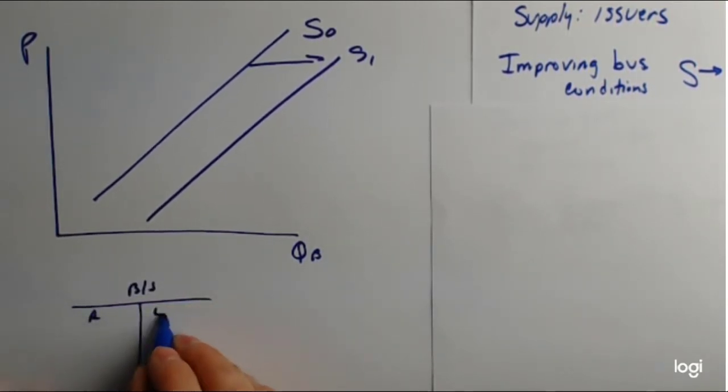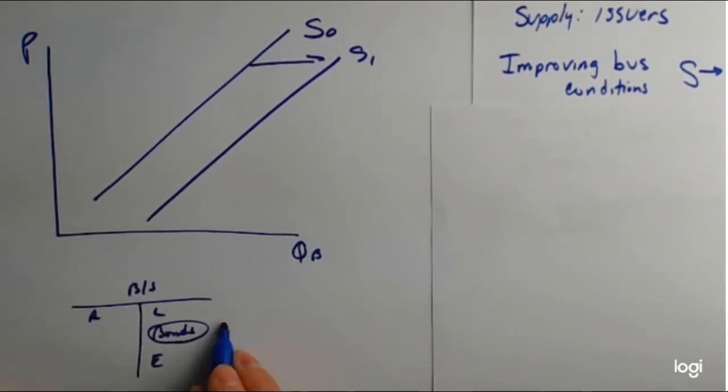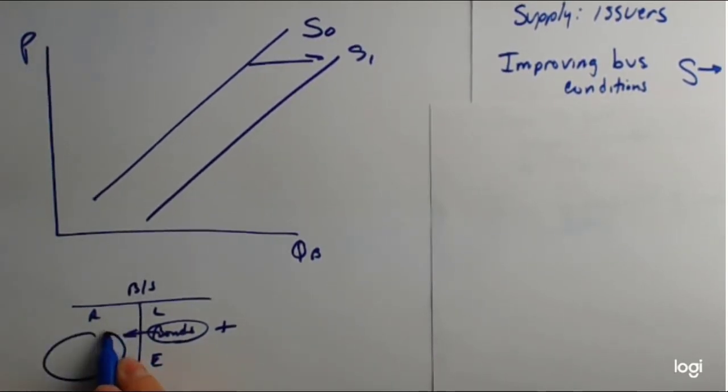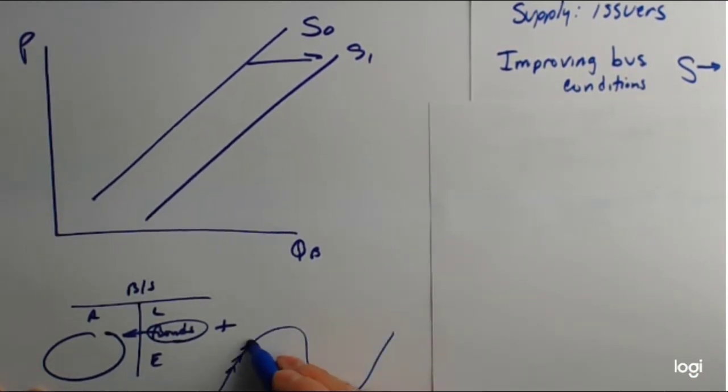Here you have assets, liabilities, and equity of a company. And the company is going to issue bonds here, so this will go up. And then the money is going to be used to finance investments because they're going to want to make more investments when business conditions are improving. We're on a business cycle and things are going up the business cycle this way. So we're getting a stronger economy.